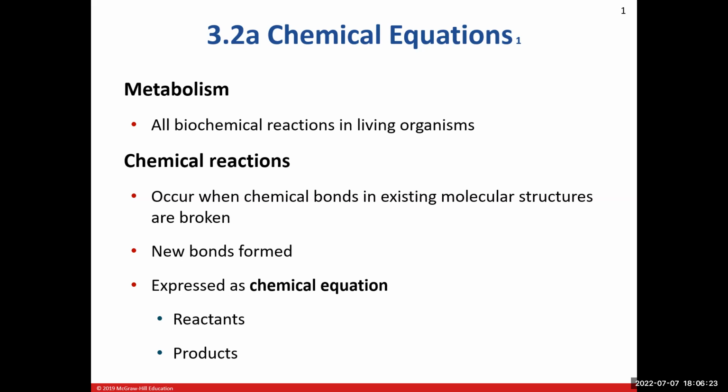To put everything down on paper so it's easy to understand, we write it out, much like a mathematician would write out an equation. A chemist writes out an equation regarding chemicals. So we're going to use chemical equations, and talk about what reactants and products are.